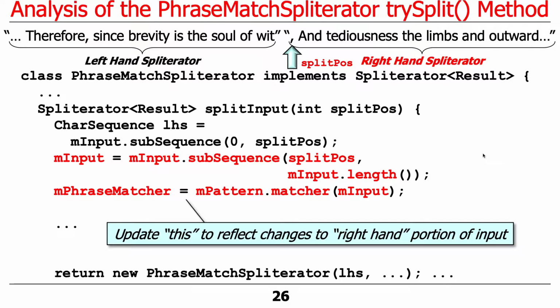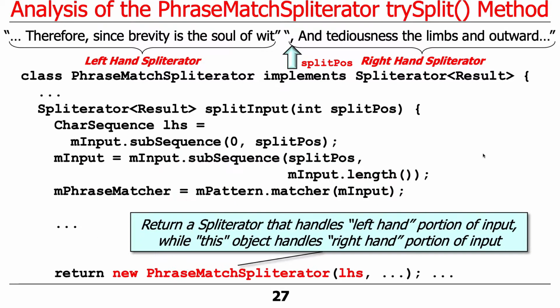We're going to update the fields in this object to reflect the changes so that it only covers the right-hand portion of the input. As you can see, we recompute a pattern matcher for that new input that only covers the right-hand side, and that's the new thing that will be used. And then, so we've updated the right-hand side, and then we make a new PhraseMatchSpliterator which covers the left-hand side of this thing. And that will then get passed back.